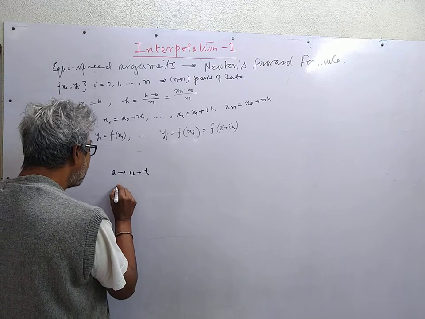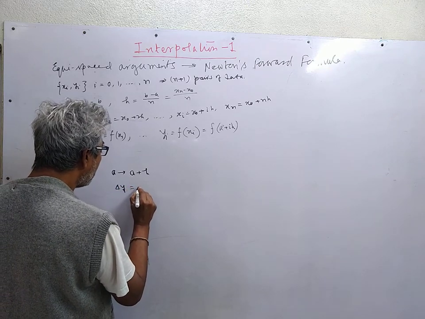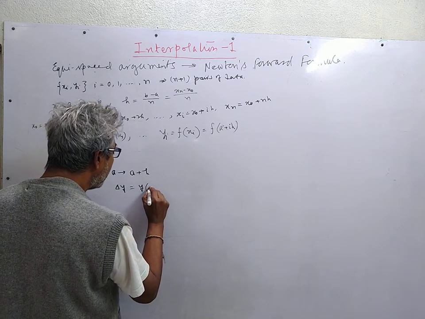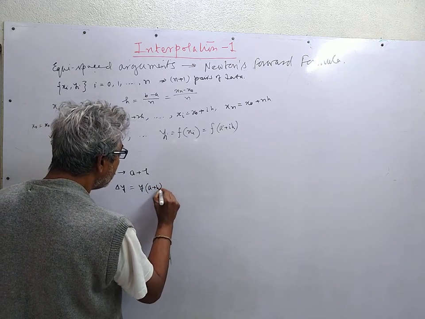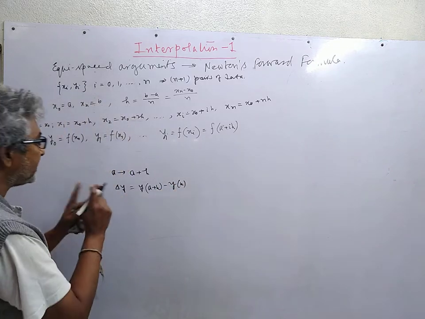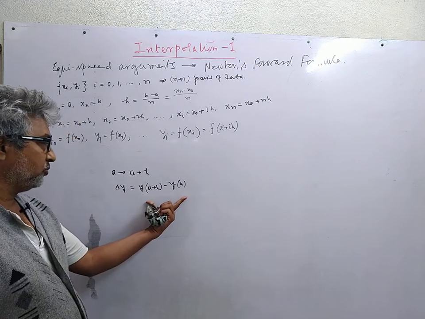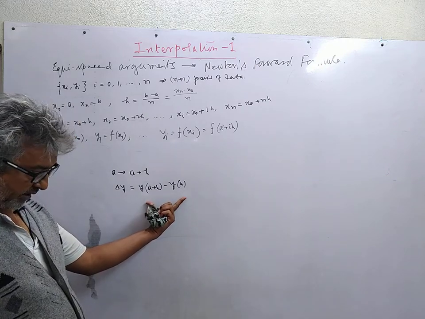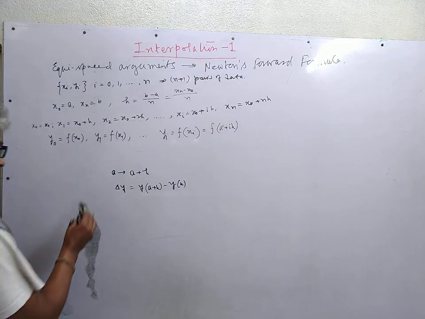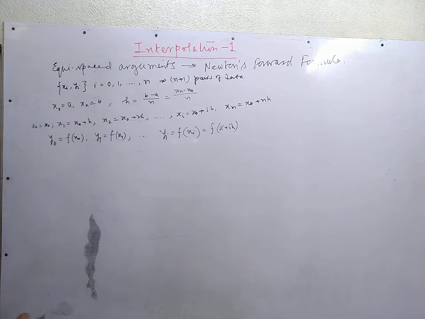So by delta y we mean the value of the function y at a plus h minus y at a. This is delta evaluated at x equal to a. This is the difference formula we use in calculus. There are similar difference formulas available in numerical technique. Let me first introduce this one.